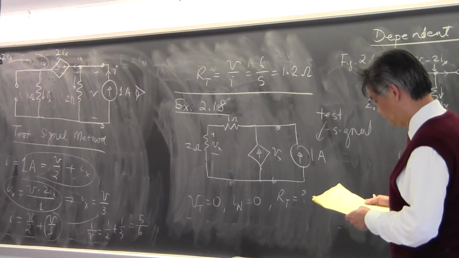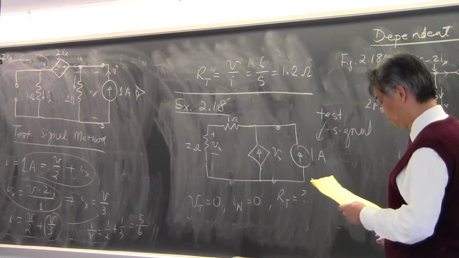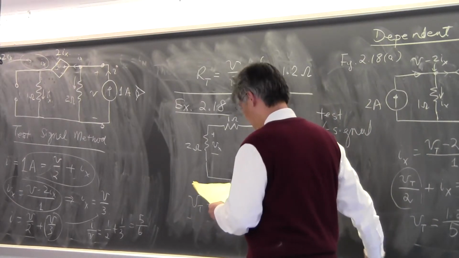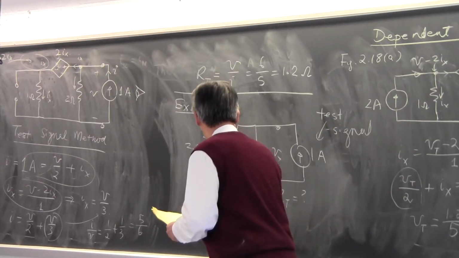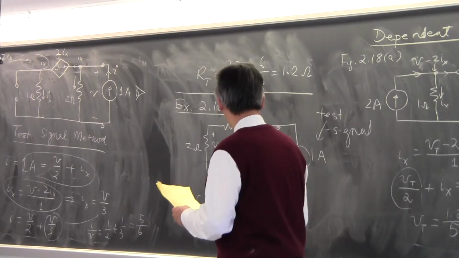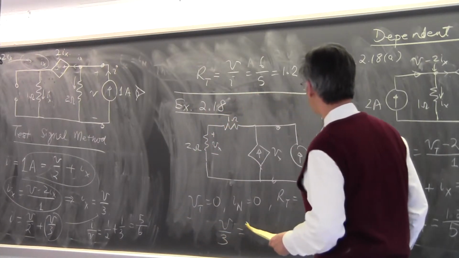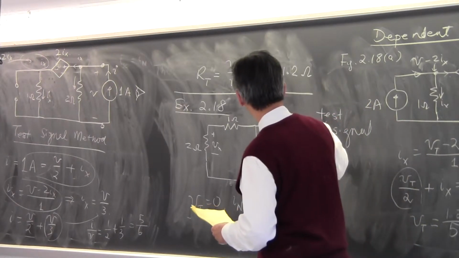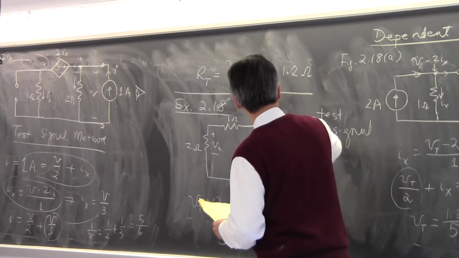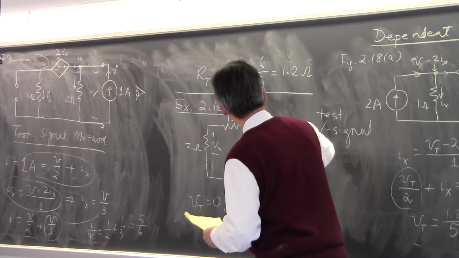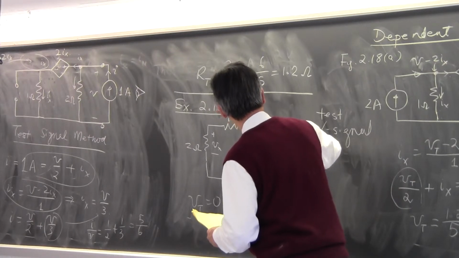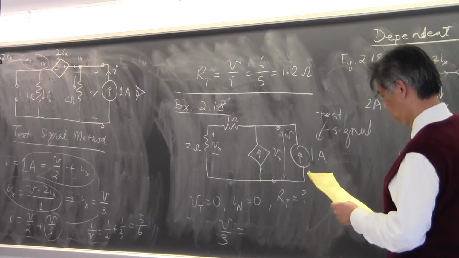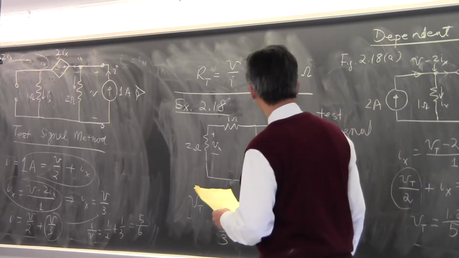And then I find that if I send in 1 amp, V over 3, which is the voltage across the 1 ohm resistor, let me call this voltage over here V. This voltage across here V. V over 3 must be Vx plus 1.